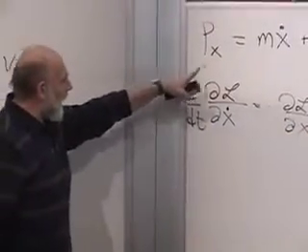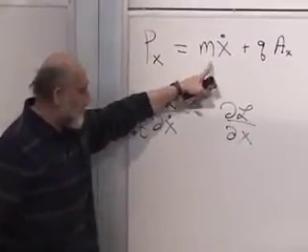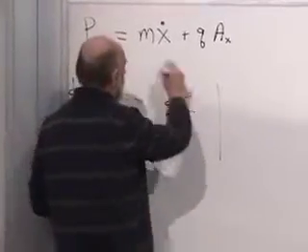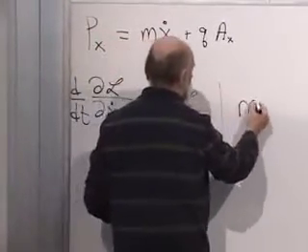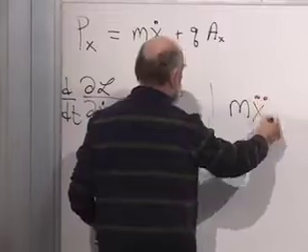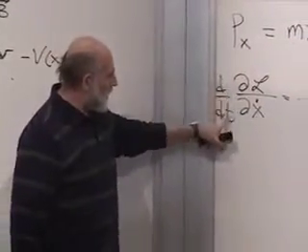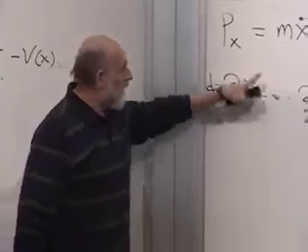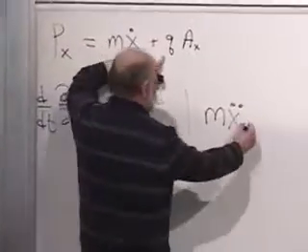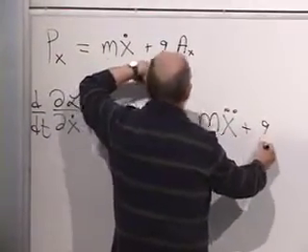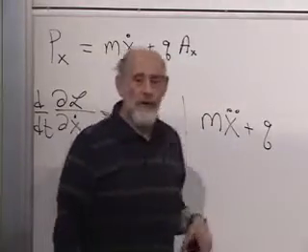Well, the left-hand side is just the time derivative of this. So we can write m x double dot, that's the first term of d by dt of dL by dx dot. And then the second term is plus q times the time derivative of A sub x.